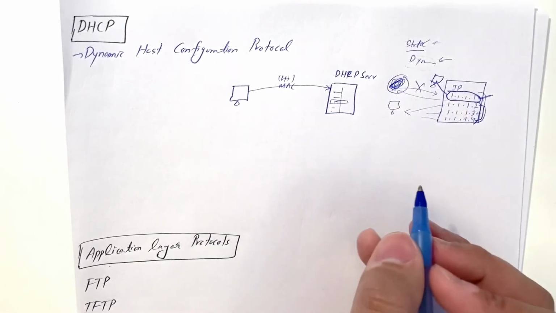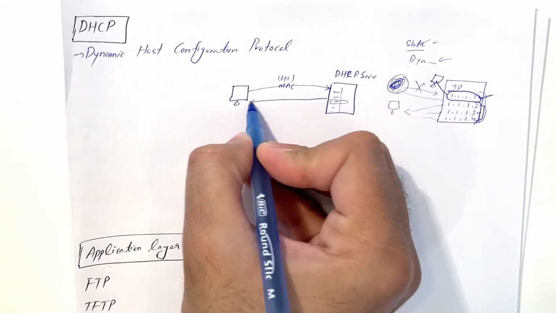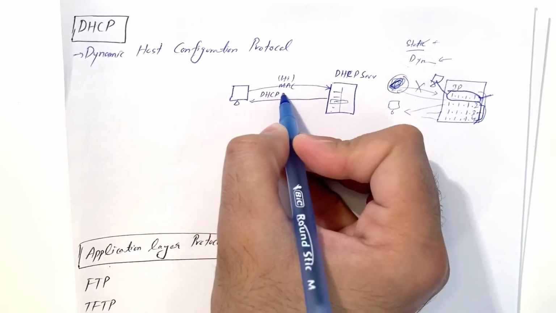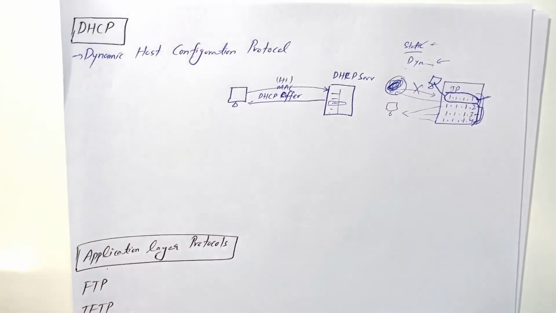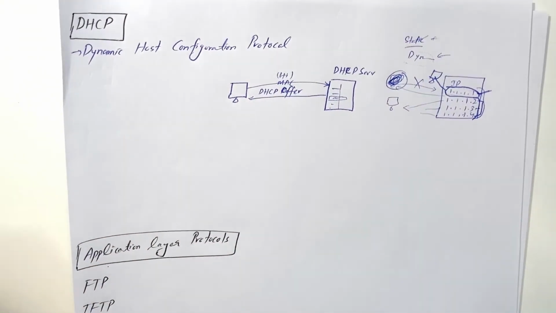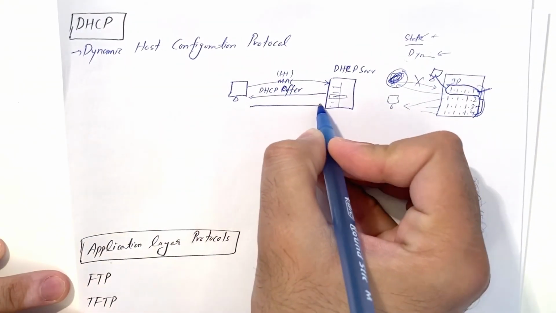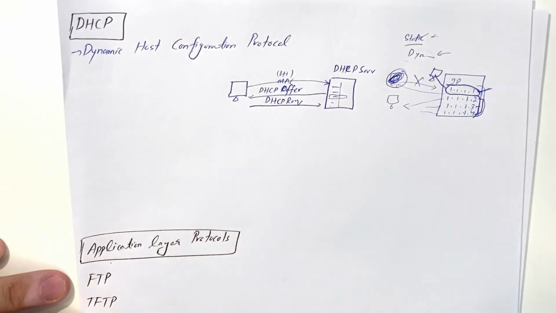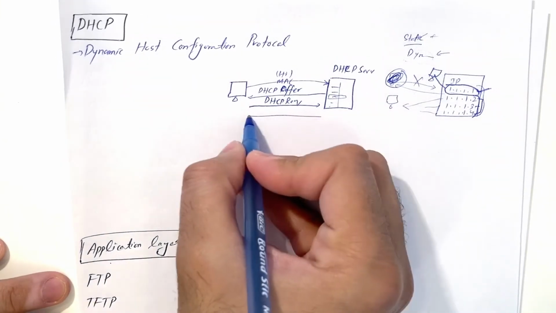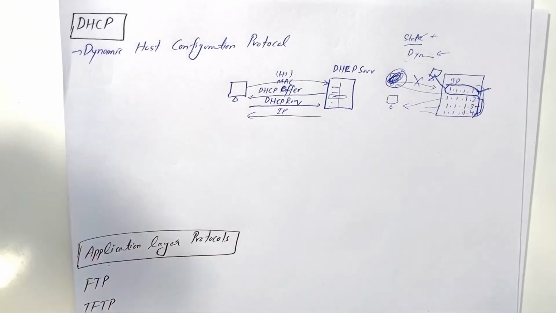If there is, the DHCP server will make an offer: hey, I have 1.1.1.1, do you want that? Your computer will respond with a DHCP request: yes, please, I want it. Then they will assign you the IP address. This is how the DHCP protocol actually works.